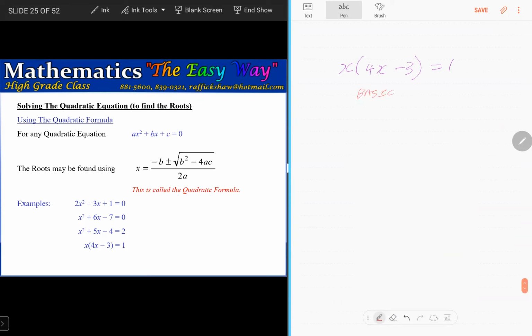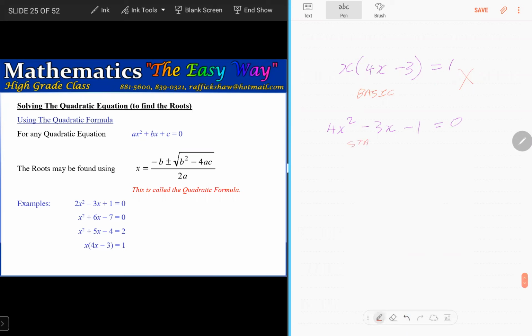We don't solve basic, so we convert to standard form first. You expand it out and you get 4x squared, that's this times this, and then this times this is minus 3x, minus 1 equals 0. This is our standard equation.